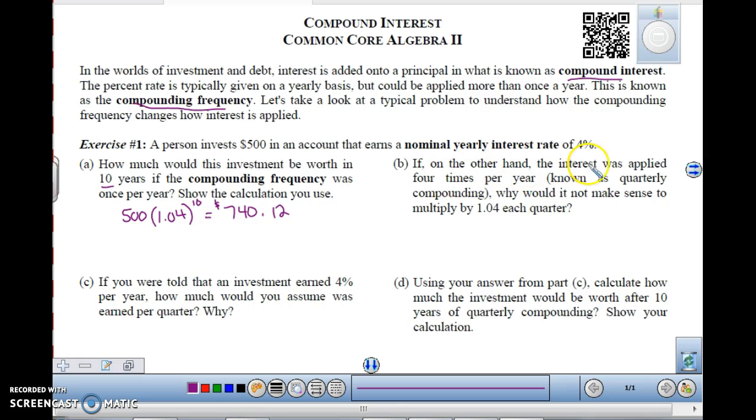If, on the other hand, the interest rate was applied 4 times per year, which is called quarterly compounding, why would it not make sense to multiply by 1.04 each quarter? Well, if this is 4 times per year, it's not 1.04 per each quarter. This is 1.04 per year.